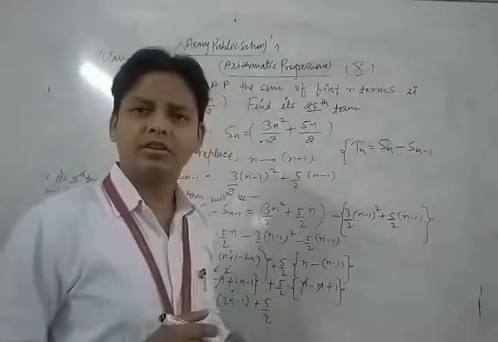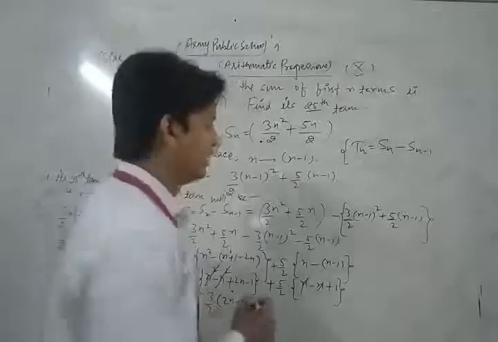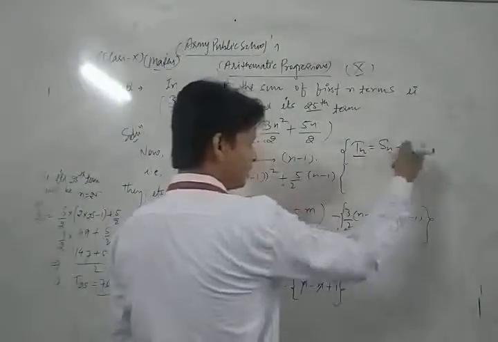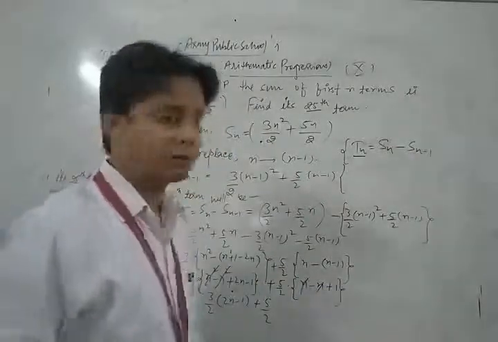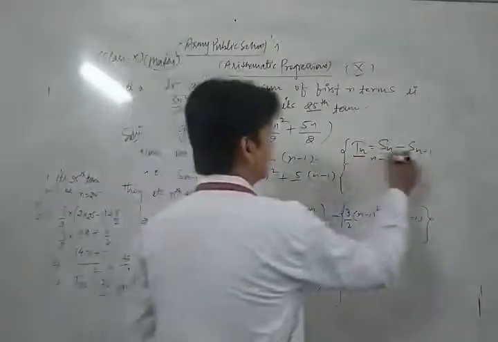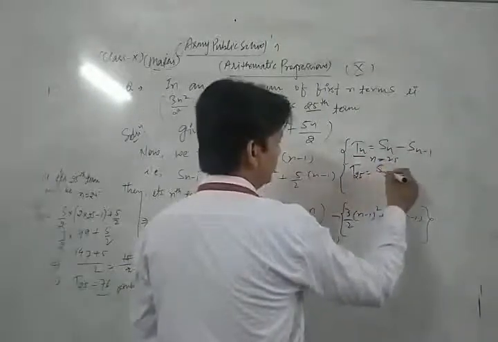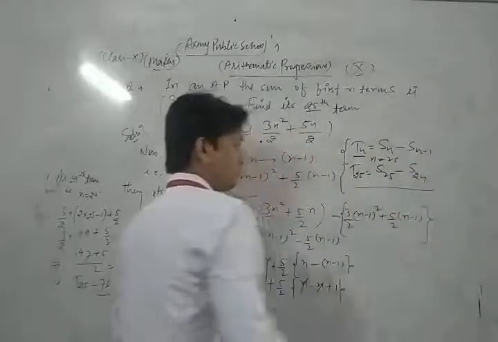There is one other method to find its answer, let's see. The formula for the nth term is the sum of n terms minus the sum of n minus 1 terms. If we find the 25th term, we replace n with 25. So T25 is equal to S25 minus S24.